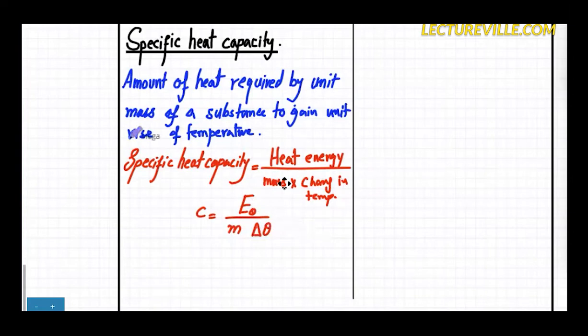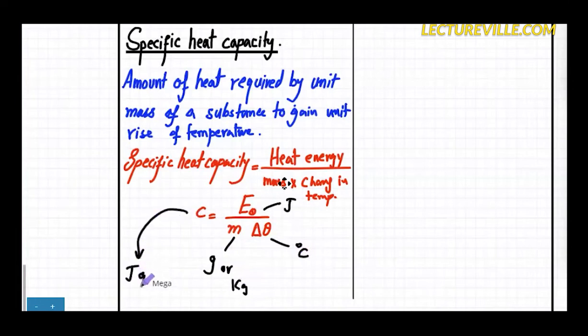Now units. This must always be joules. This can be grams or kilograms. This will always be in degrees Celsius. So there are two units for specific heat capacity. One is joule per gram per degree Celsius or joule per kg per degree Celsius.